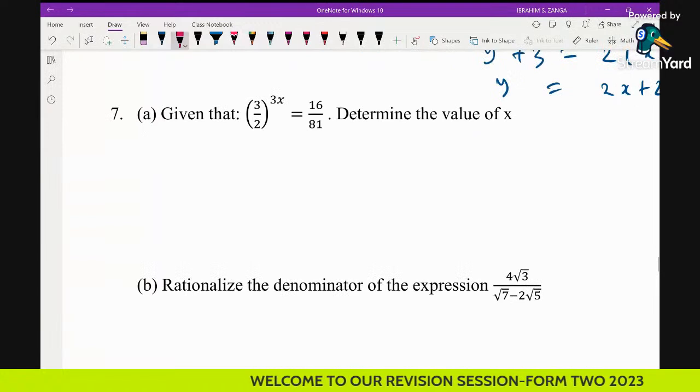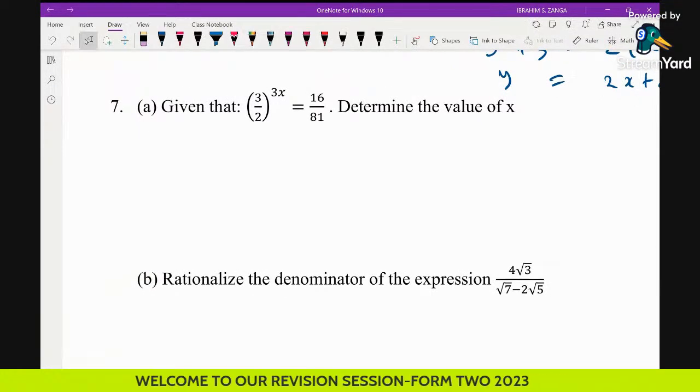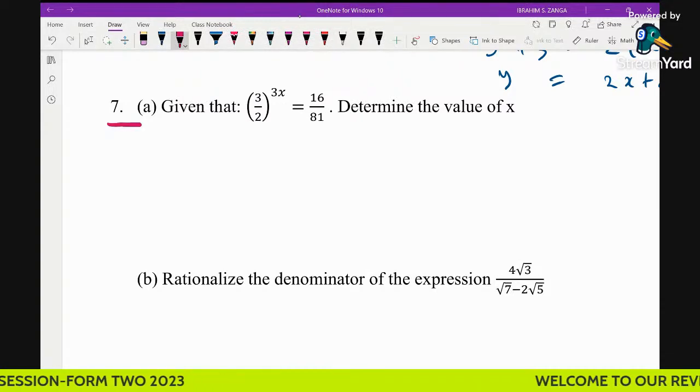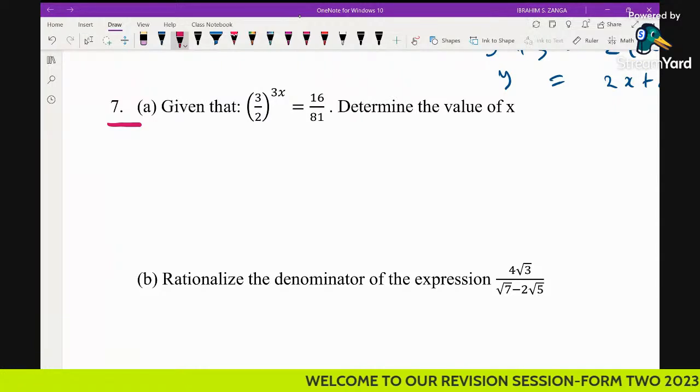We go to question number 7, and this is question number 7A. Given that (3/2)^(3x) equals 16/81, determine the value of x.